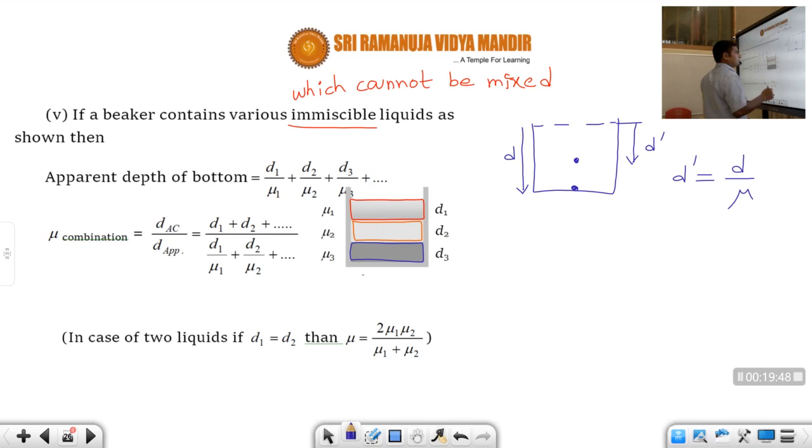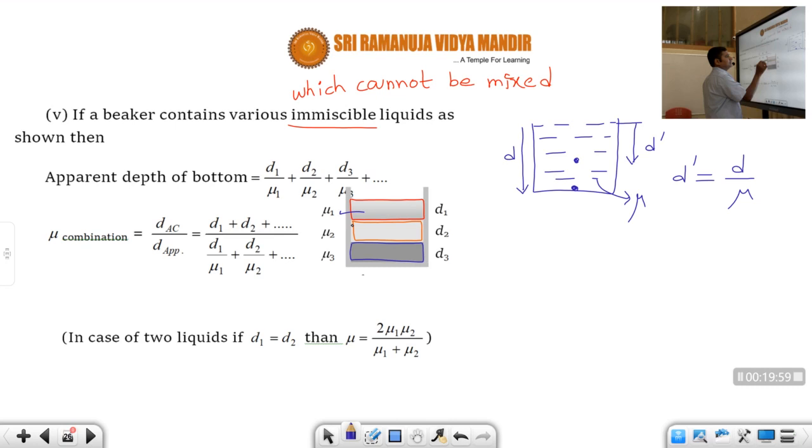Okay. So if this entire thing is only one liquid, it is mu. But now here there are three liquids: this refractive index is mu1, this is mu2, this is mu3, and the depths are d1, d2, d3. If you combine all these immiscible liquids and place an object exactly at the bottom, seeing from the top, what is the apparent depth?